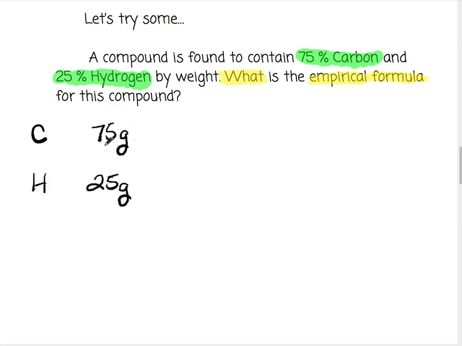Now we're on to step 2. Step 2 says take this number and divide it by the atomic mass that you would get for carbon. So in this case, 75 grams divided by carbon's atomic mass. Let me pull that up for you so you can see.